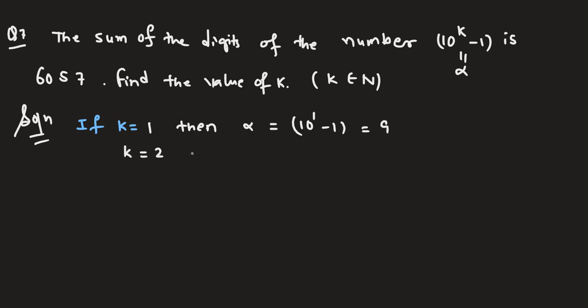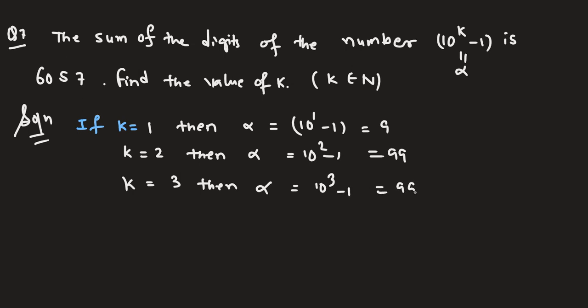If k is equal to 2, then alpha is equal to 10 power 2 minus 1, that means 99. If k is equal to 3, then alpha is equal to 10 power 3 minus 1, that means 999.